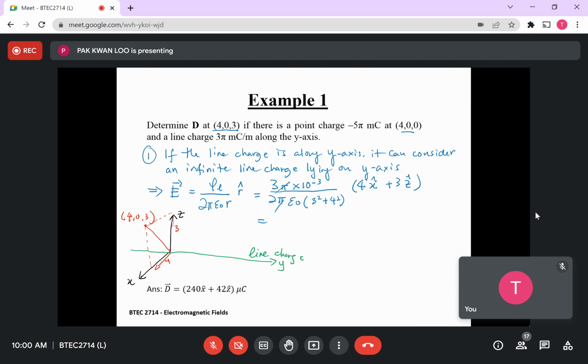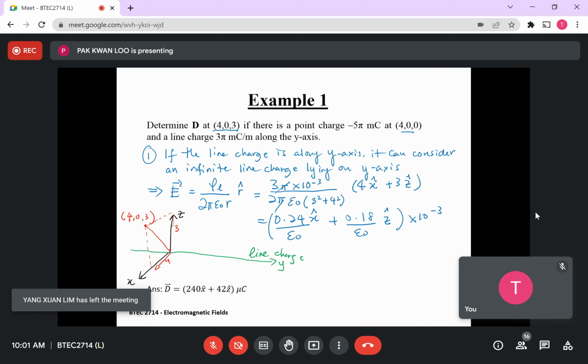So divided by 25, 0.24 x cap plus 0.18 epsilon naught z cap. So the whole thing is multiplied with 10 to the power -3.